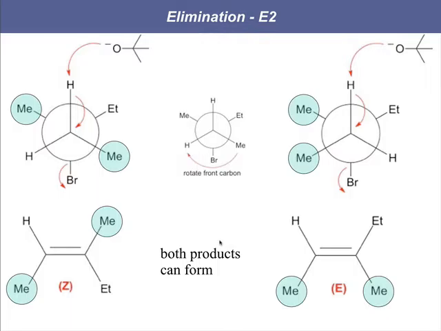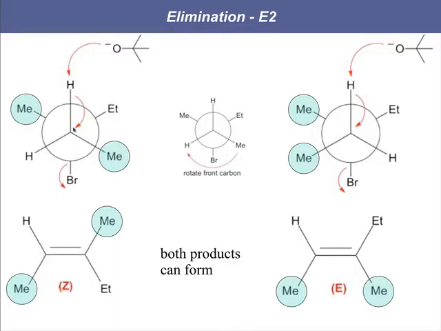The reason is that there are 2 hydrogens on our front carbon, and either of these could at some point be anti to this bromine. Because of that, I'm going to show you we can get the Z and the E products.